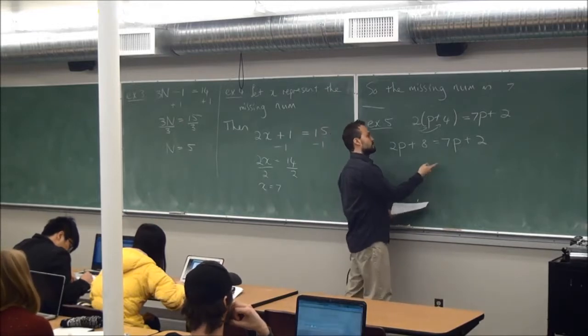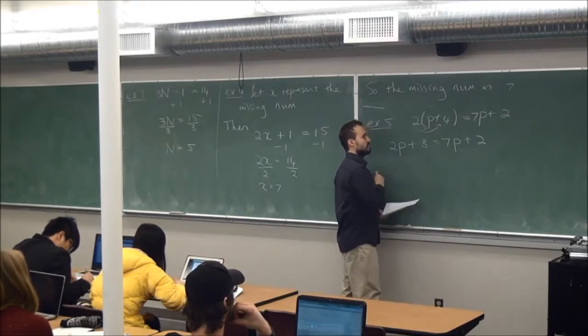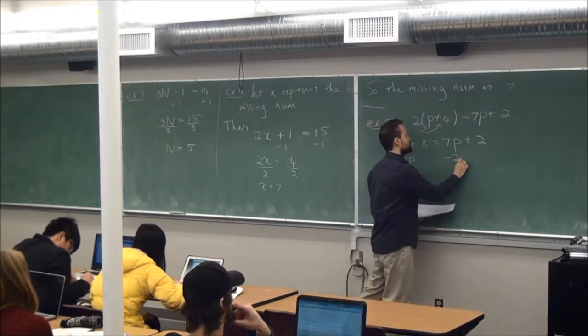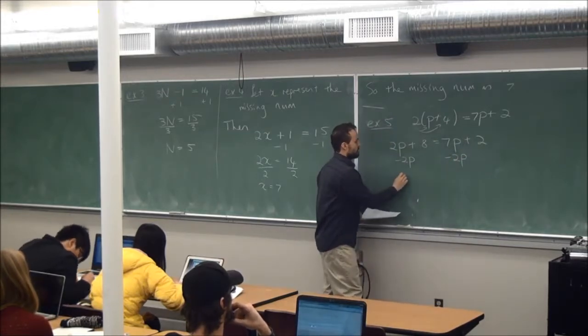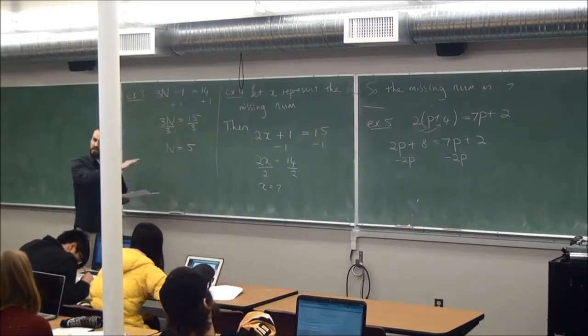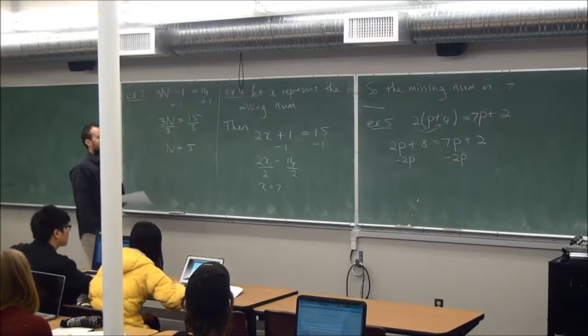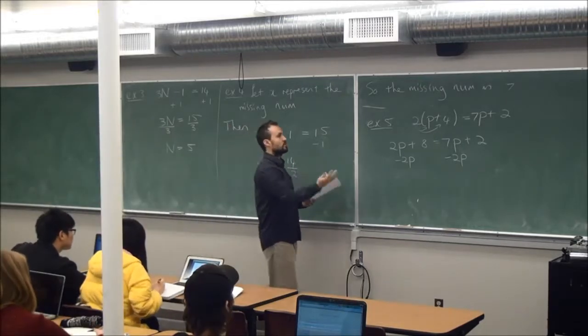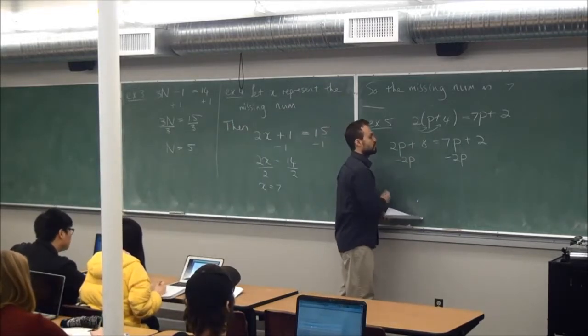Okay, so she says she wants the p's on the right. Doesn't matter as long as they're all together. So for now I'm going to emphasize the steps by just writing out all the details. I know after we get used to it, you don't have to write every step.